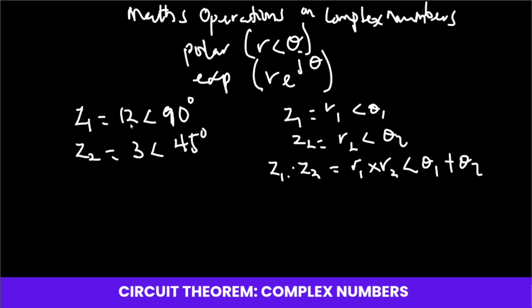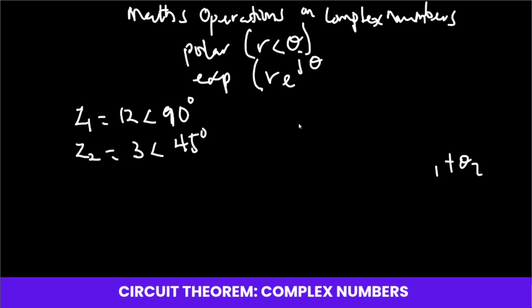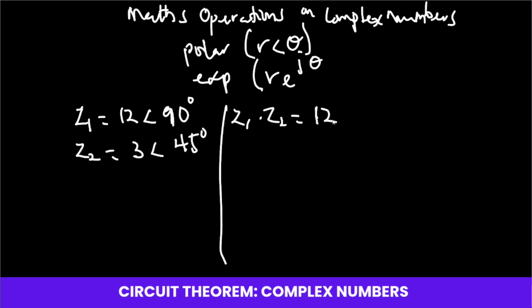So let's work on this example. Okay, so supposing you have been given z1 multiplying z2, all you have to do is, our r1 is 12 and our r2 is 3, so we multiply them and we add our angles, 90 degrees plus 45 degrees.